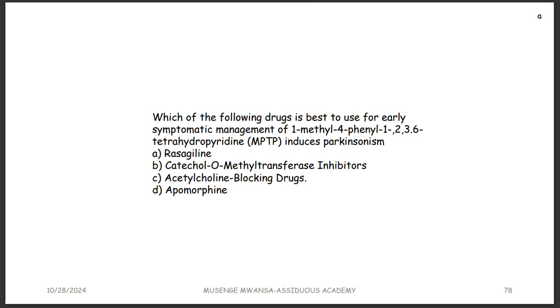Which of the following drugs is best to use for early symptomatic management of 1-methyl-4-phenyl-1,2,3,6-tetrahydropyridine (MPTP) induced Parkinsonism? Rasagiline, catechol-O-methyltransferase (COMT) inhibitors, acetylcholine blocking drugs, apomorphine.